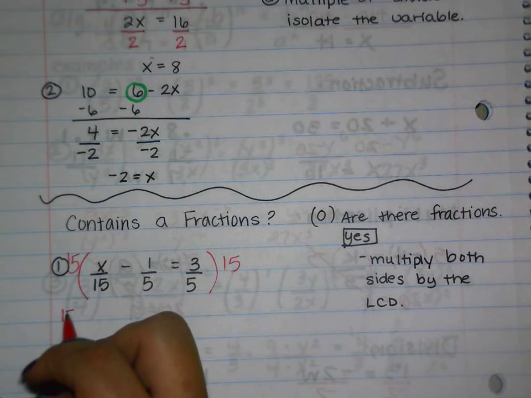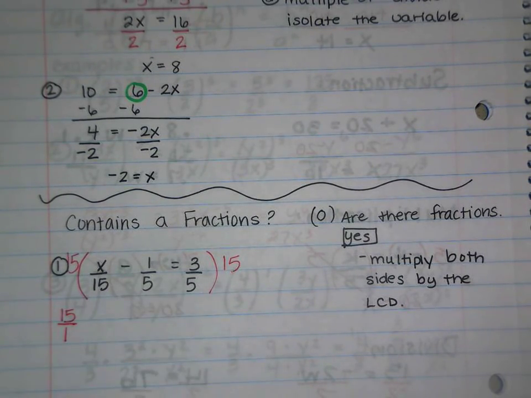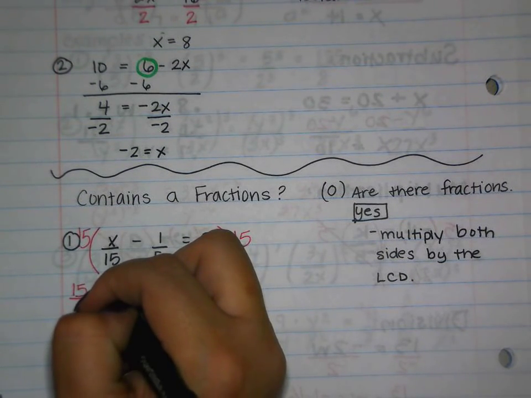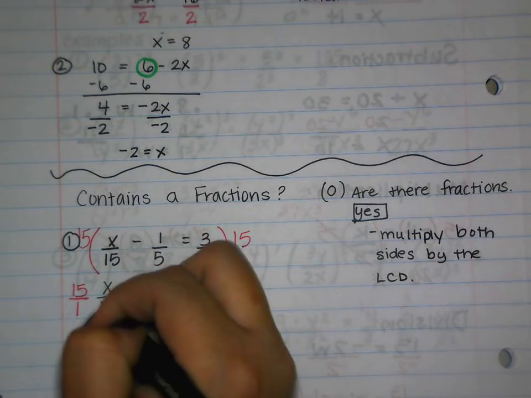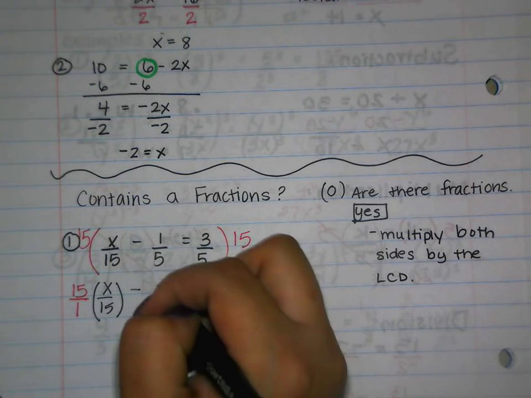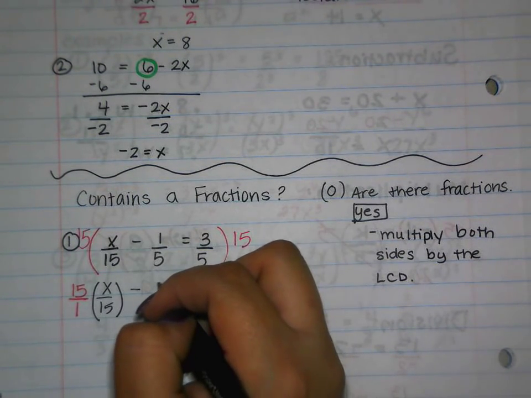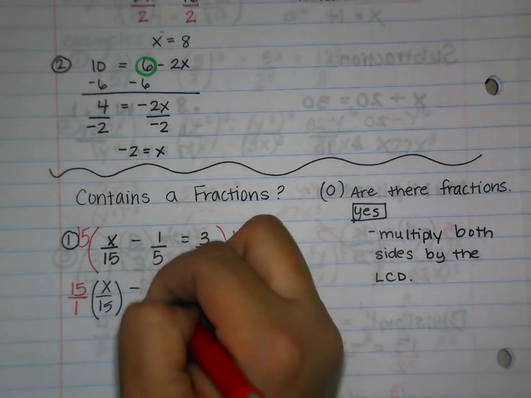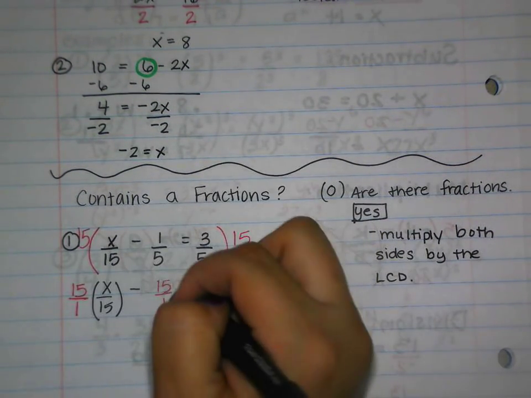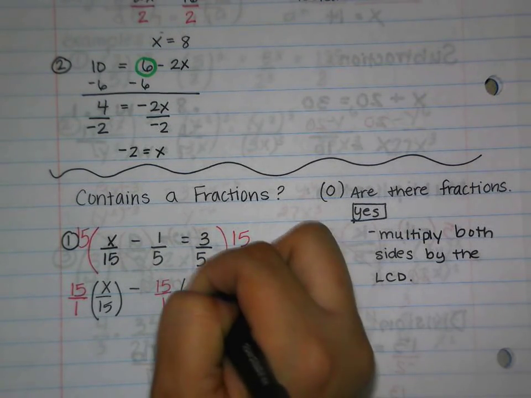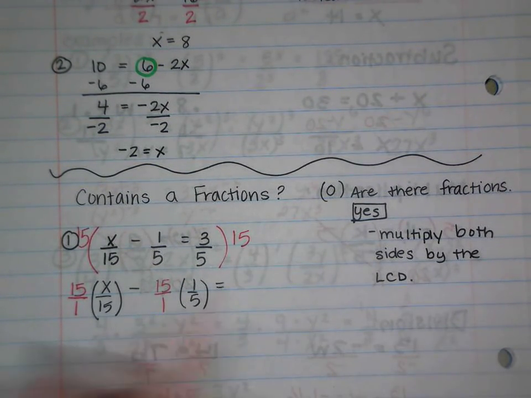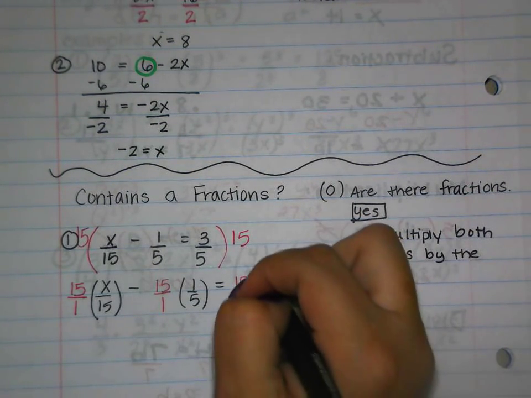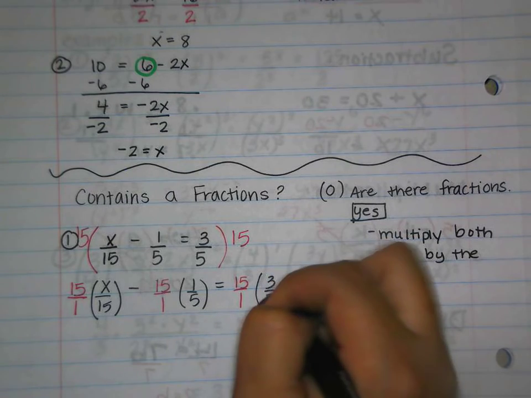So that becomes 15 over 1, because we want to make it a fraction for easy cross canceling, which is our next step, times x over 15 minus, and we have to do it to every term, so make sure we do this, 15 over 1 times 1 over 5 is equal to 15 over 1 times 3 over 5.